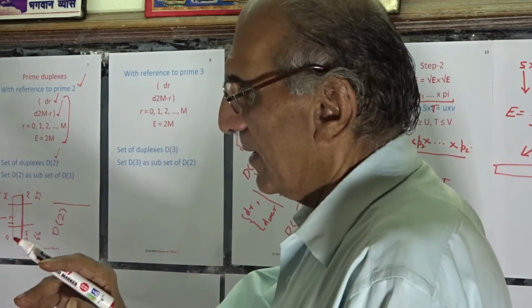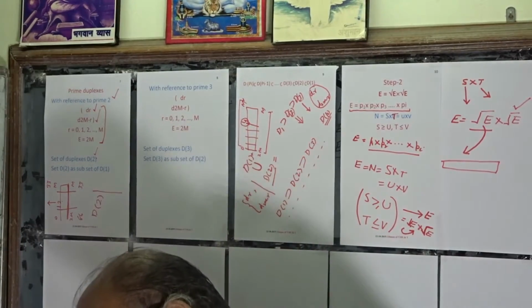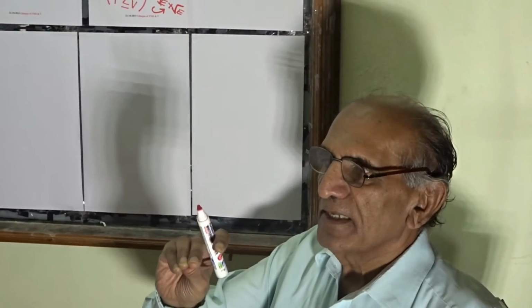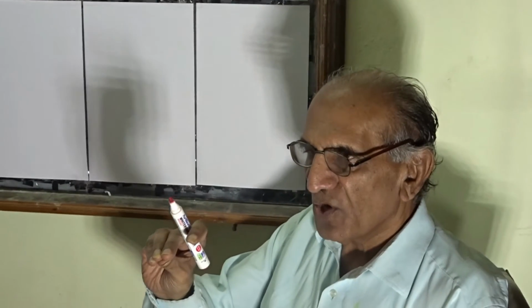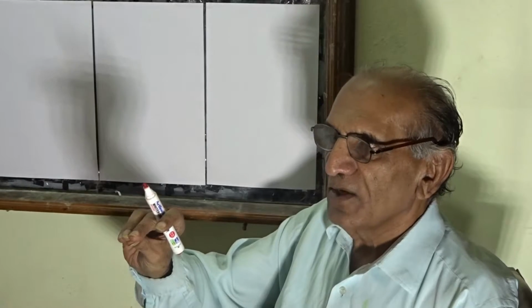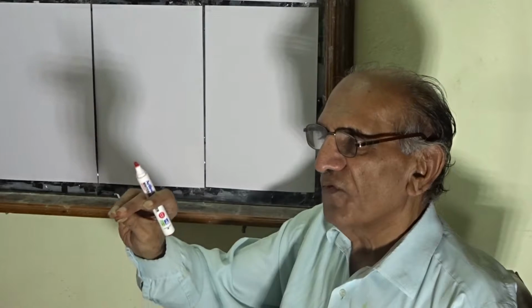We can comfortably take that step 2 is the step for construction of the chain of subsets of the set D1 of duplexes of value E. As step 1, we have constructed a set D1 of duplexes.